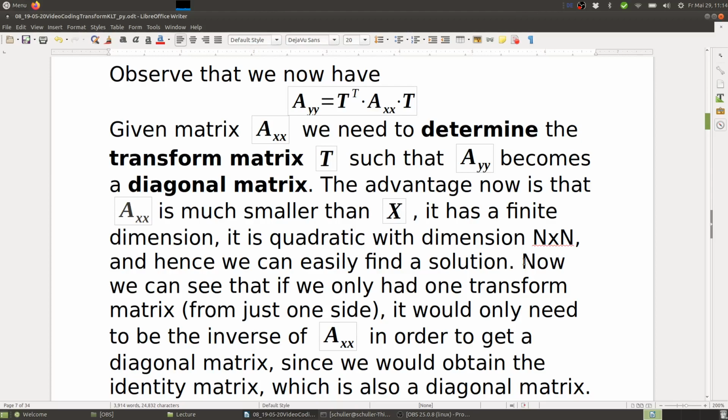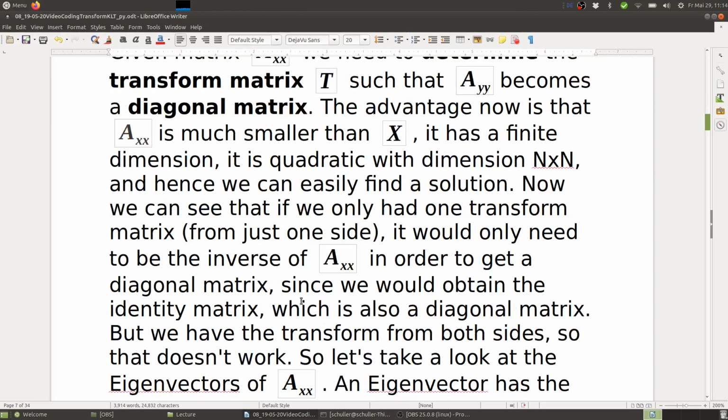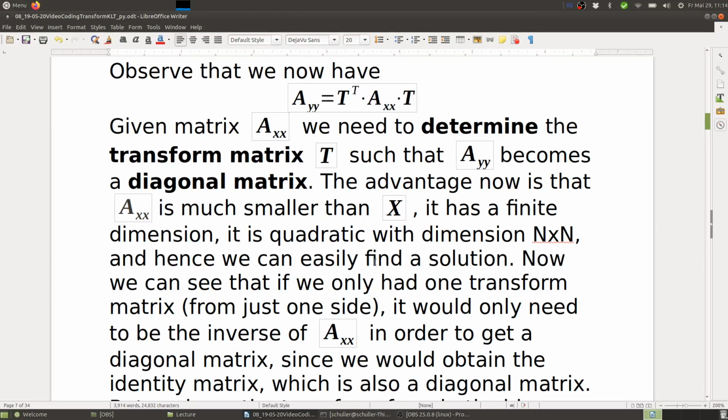relatively easily. So now we can see that if we only had one transform matrix from just one side, it would only need to be the inverse of AXX in order to get a diagonal matrix, since we would obtain the identity matrix, which is also a diagonal matrix. So imagine we wouldn't have this T transpose, right?